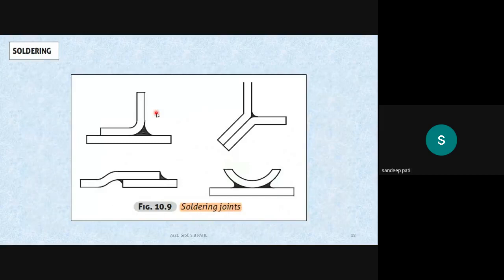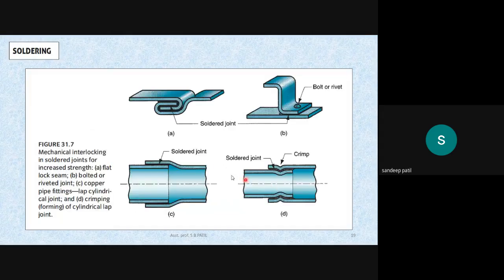You can observe here different soldering joints, at edges, at the lap, at the fillets, etc. Here you can see the different soldering joints.